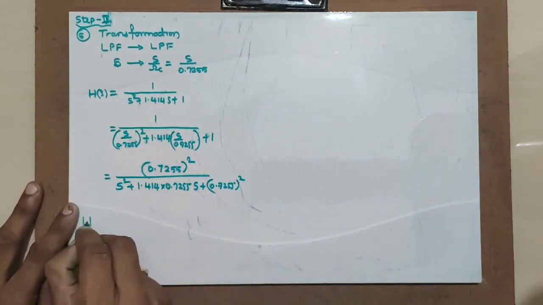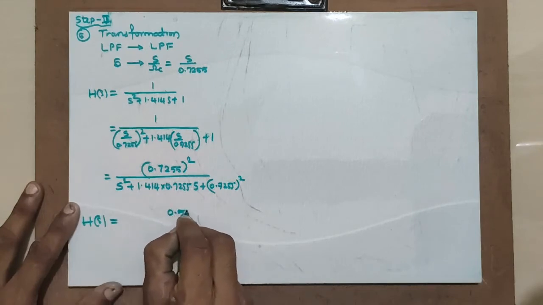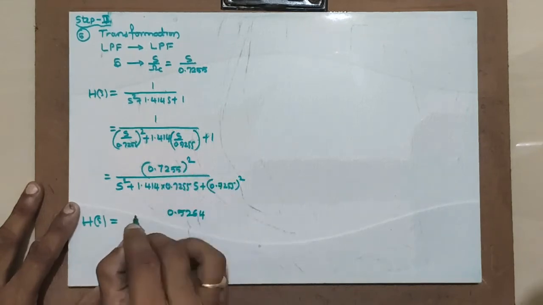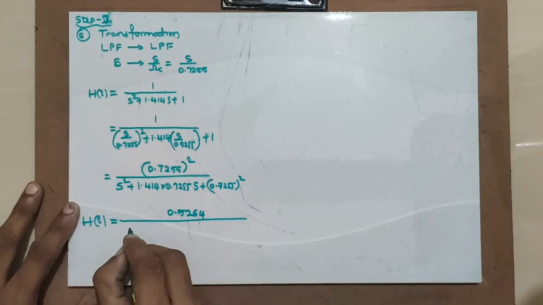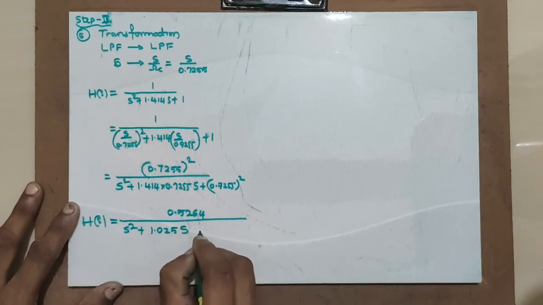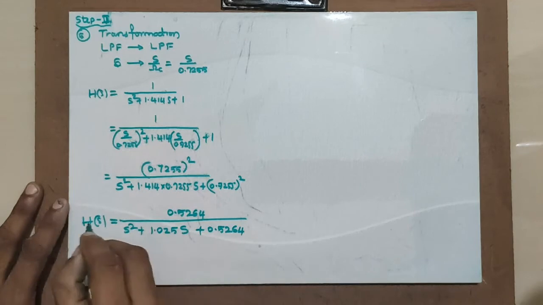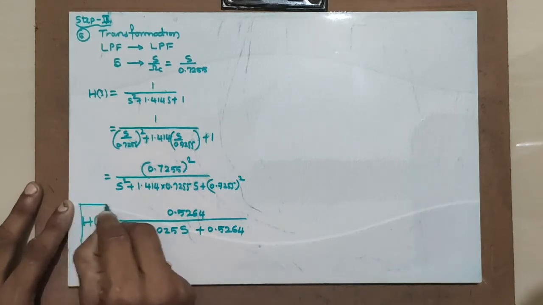Finally h of s, which results here, is given by 0.5264 whole divided by s square plus 1.025 s plus 0.5264. This is the analog filter transfer function.